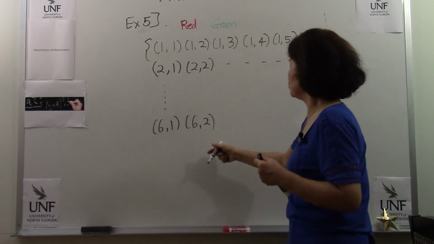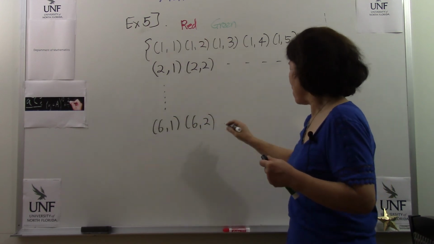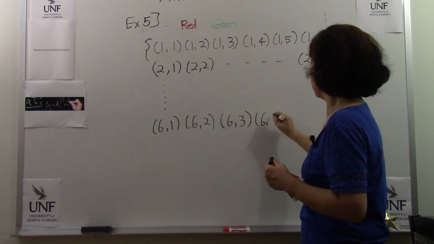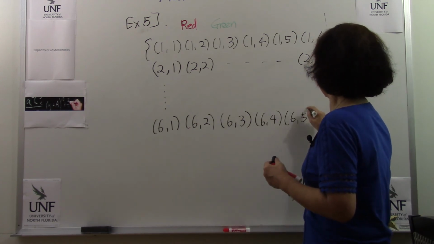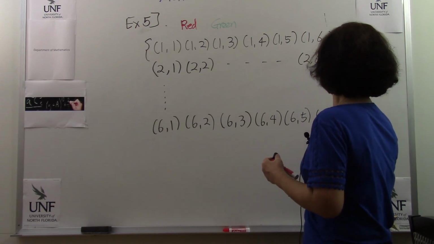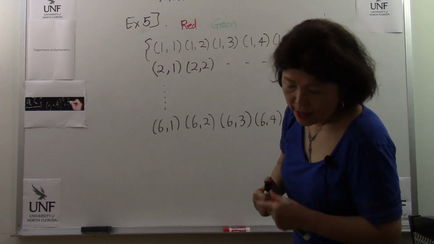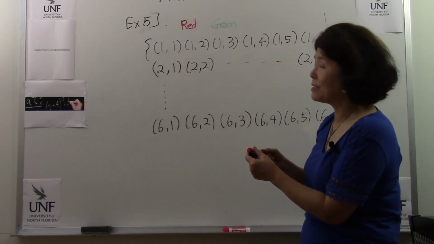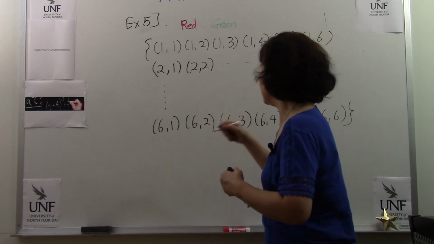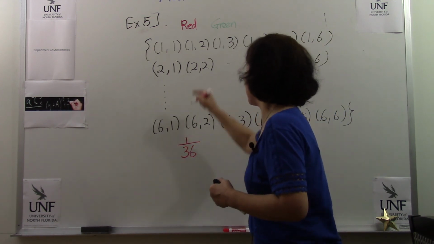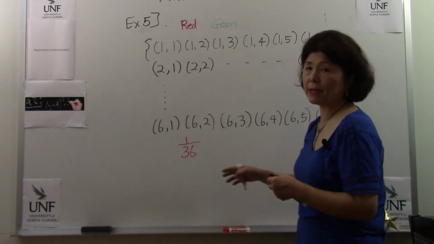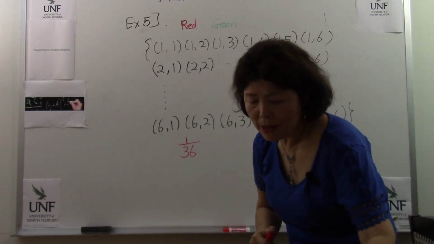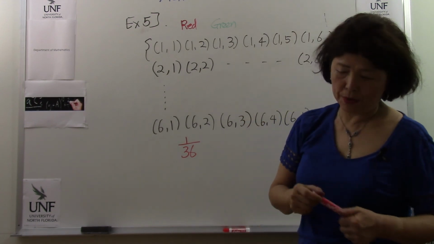The last row shows 6 on the red die all the time, but the green die has all different possibilities. Each one is an elementary event, which is just a basic term. So that is 1 over 36, because there are 36 outcomes in the sample space, just one case out of 36.